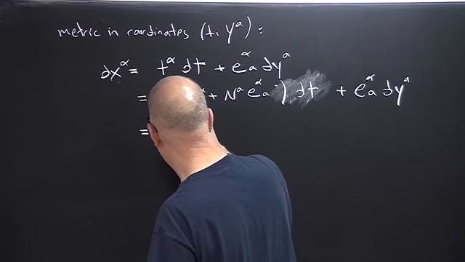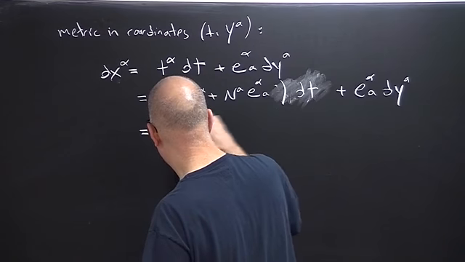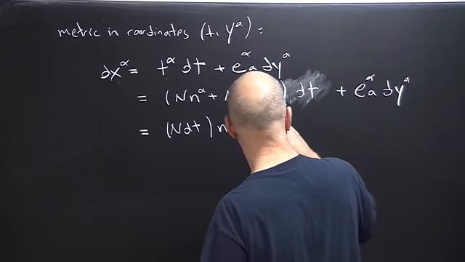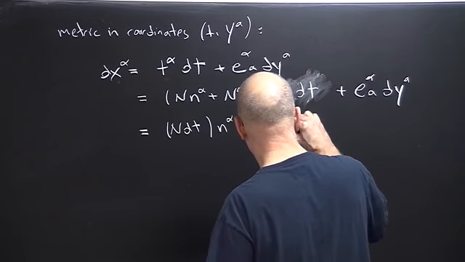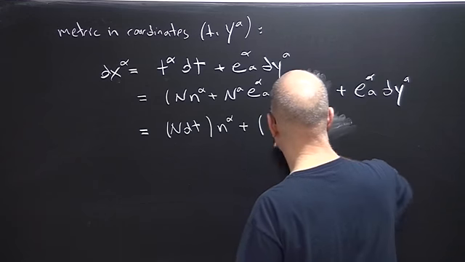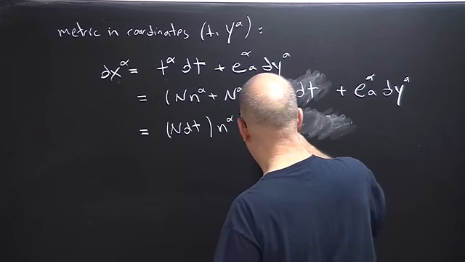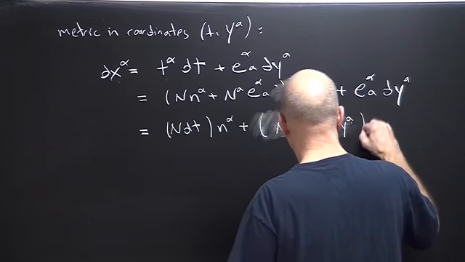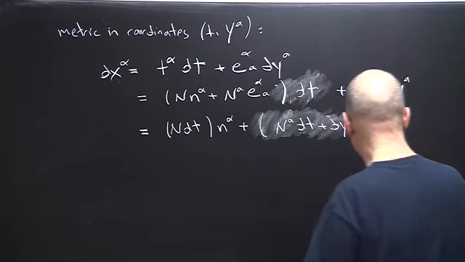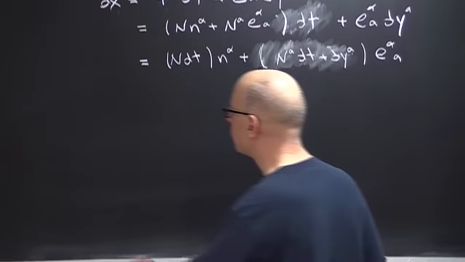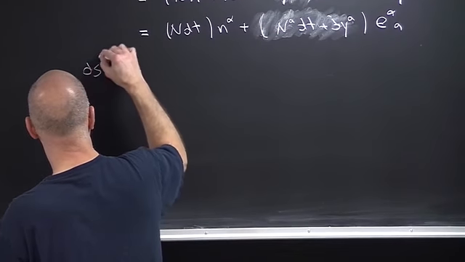So I have n dt in the direction of the normal vector. And I have N^A dt plus dy^A in the direction of the tangential vectors. And I can use that to calculate the metric, to calculate ds squared.